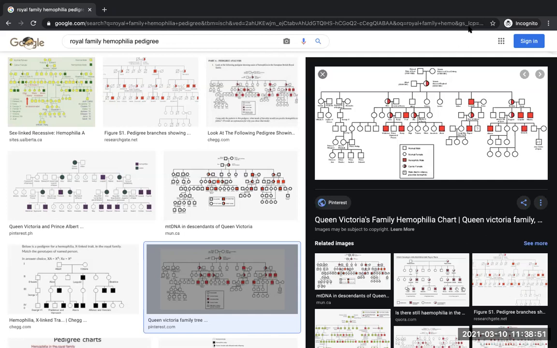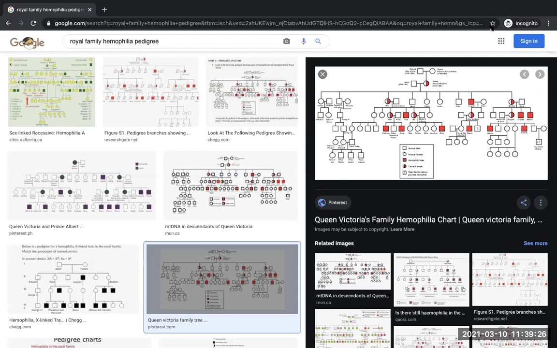In the royal family of England, Queen Victoria was a carrier for this. She was affected, but not all the way, so it still caused some symptoms of bleeding. When they had children, these are the chances of whether they had full-blown hemophilia or were carriers. Circles represent females and squares are males, and you can see that females are mostly carriers, and the males are full-blown affected.